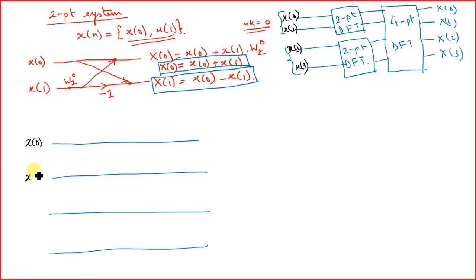Okay. So our input order over here would be x0, x2, x1, x3. Now initially what we have to do? We have to perform 2-point DFT using x0 and x2 and then x1 and x3, right? So we'll draw this butterfly architecture over here.